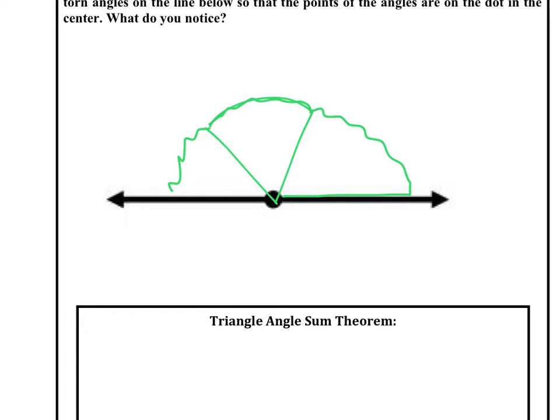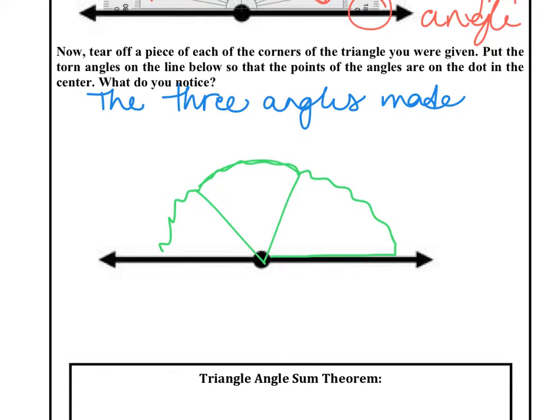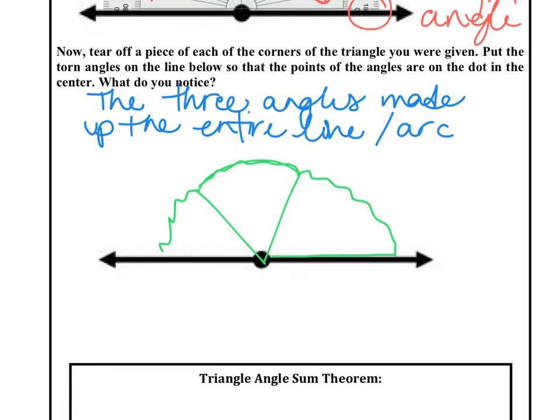So we noticed that the 3 angles, please write this down, 3 angles made up the entire line, or we can call it an arc. An arc is like this, or maybe an arch is a better term.